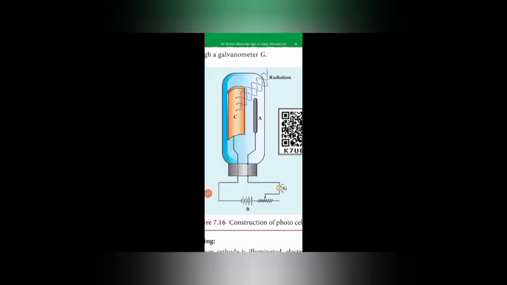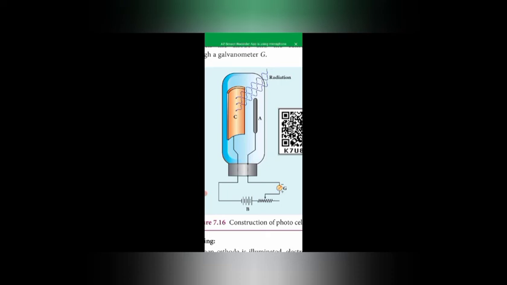This is the experimental arrangement of the photoemissive cell. Let us consider an evacuated glass or quartz bulb. Inside this bulb, the cathode and anode are placed. C is the cathode and A is the anode.